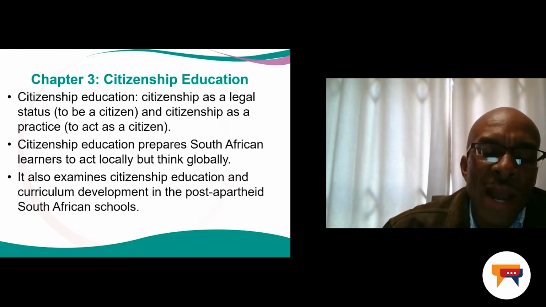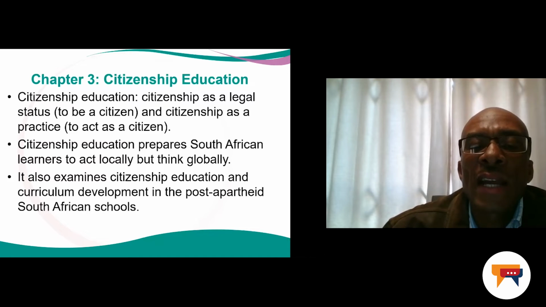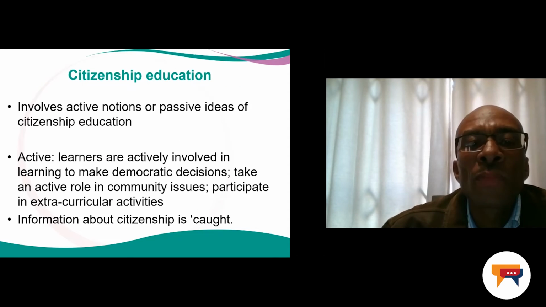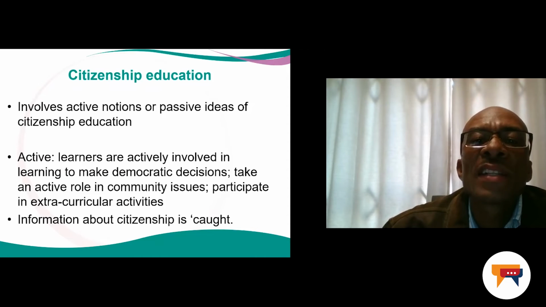It also examines citizenship education and curriculum development in post-apartheid South African schools. Moreover, citizenship education involves active notions or ideas of citizenship education.